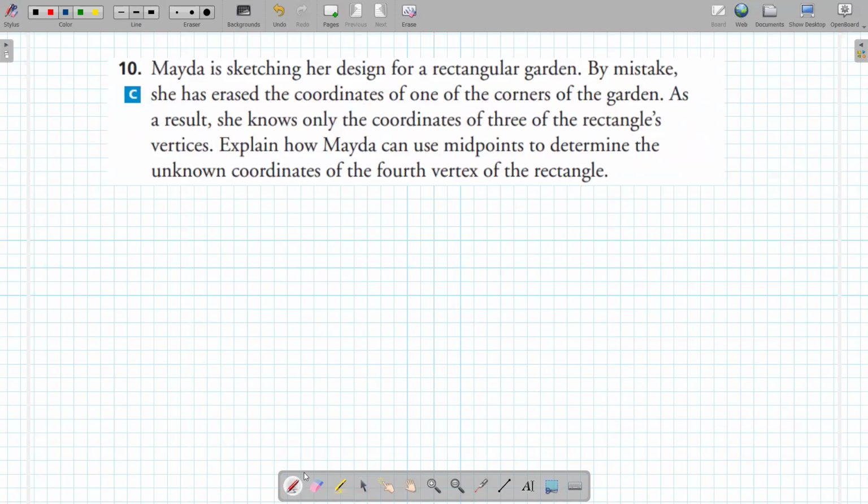So here we're trying to make a garden in the shape of a rectangle. We have 3 of the vertices, but we're missing the 4th vertex. Question is, how can we use the idea of midpoints to find the 4th vertex?